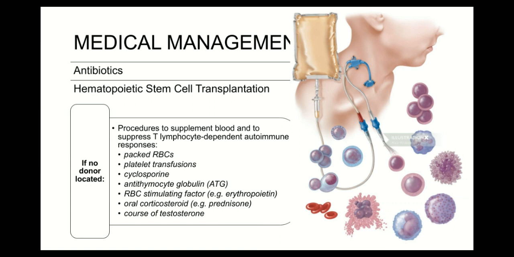So, a course of oral corticosteroid, such as prednisone, is given to decrease immune response and also in cases of an autoimmune connection. Lastly is a course of testosterone. Testosterone stimulates red blood cell growth. So if there is no donor for hematopoietic stem cell transplantation, these are the procedures that may help the child to maintain adequate blood elements.